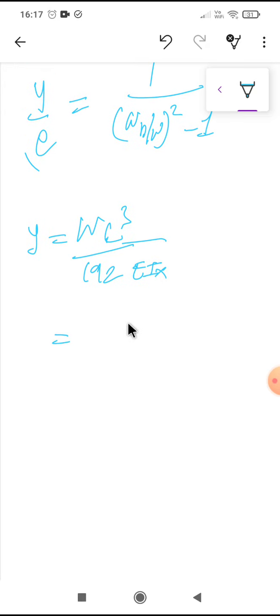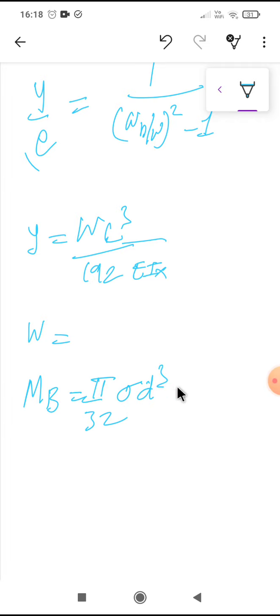Do we have W here? W here is the dynamic load. How can we find W? To find W we know the formula for bending stress, that is pi by 32 sigma d cube is equal to WL by 8. Do we have sigma?